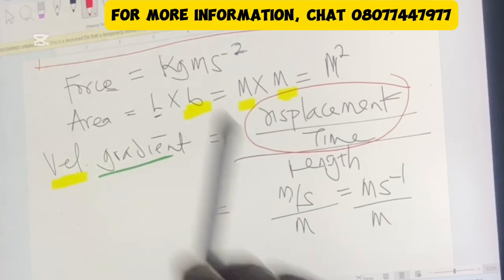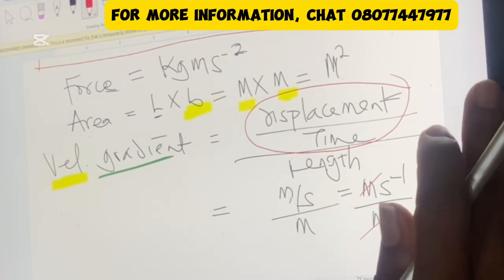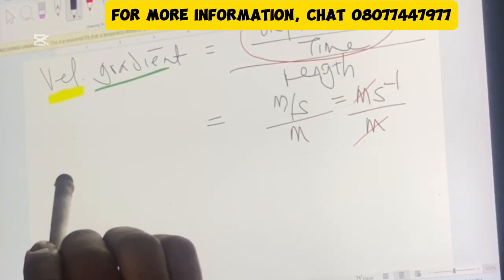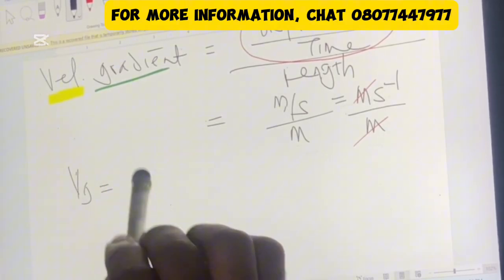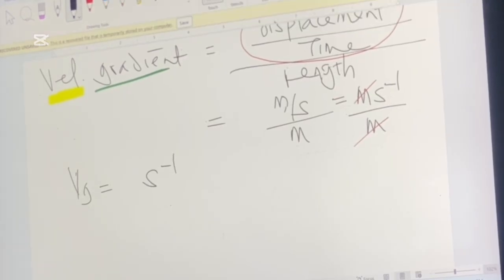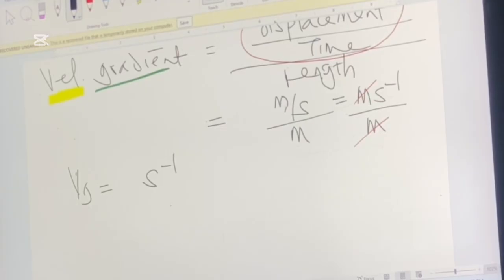So the meter at the numerator, we divide by the meter at the denominator. So our velocity gradient will be equal to per seconds. So we have known the unit of force, we have known the unit of area, and again we have known the unit of velocity gradient.